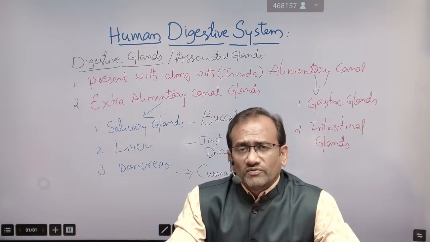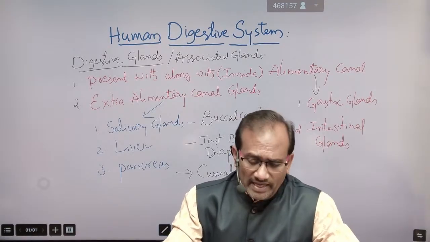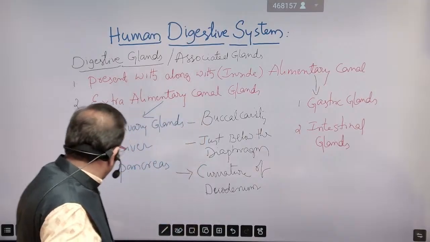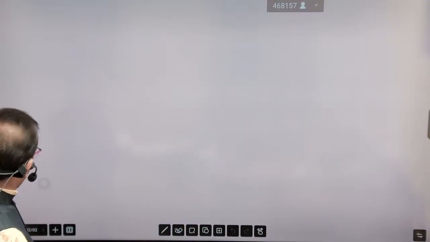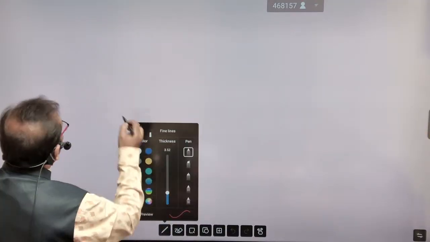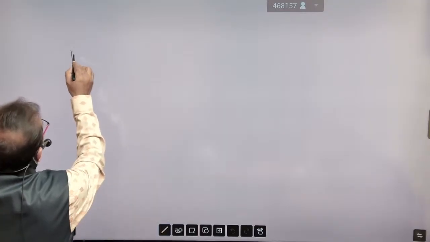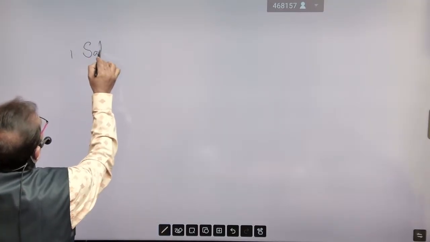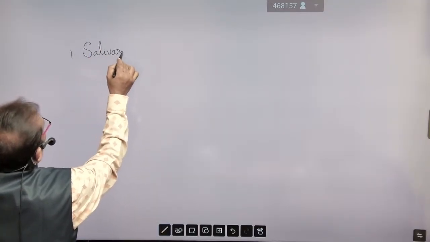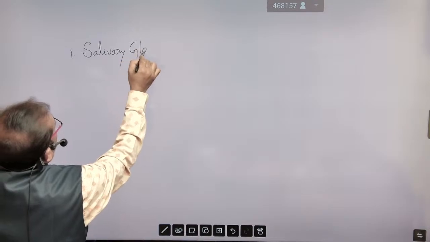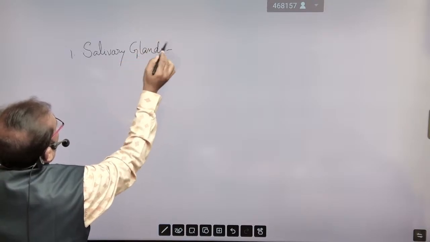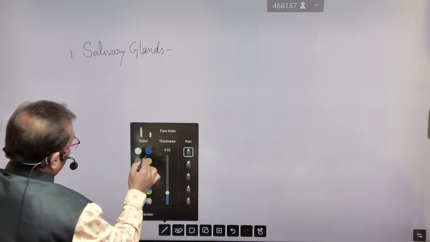Now coming to the first topic, salivary glands. They are located in the buccal cavity.